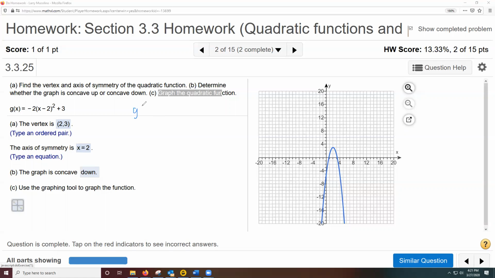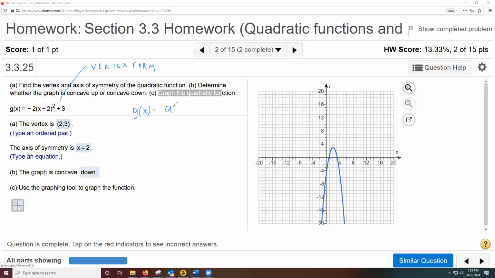The way they're giving you this equation is called the vertex form. So this format is called the vertex form. Let me explain what that means. When you write a quadratic function this way, it makes it very easy to determine the vertex. Remember, the vertex is either the top or bottom of the graph, depending on whether the graph opens up or opens down. So here's the general setup.